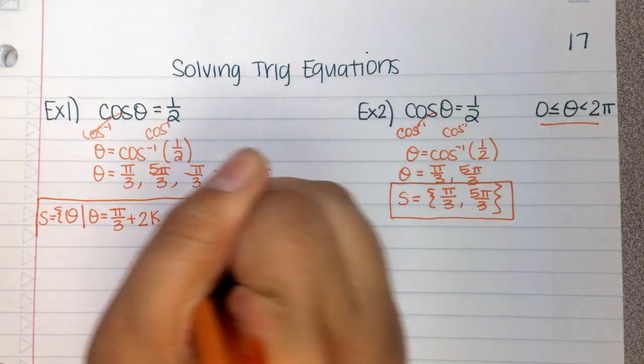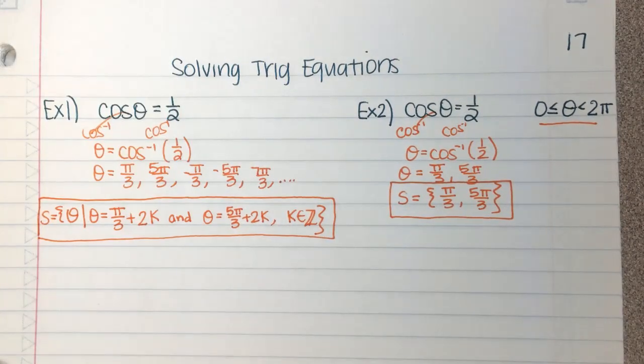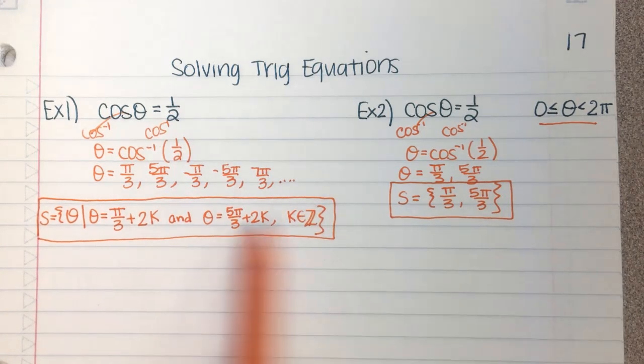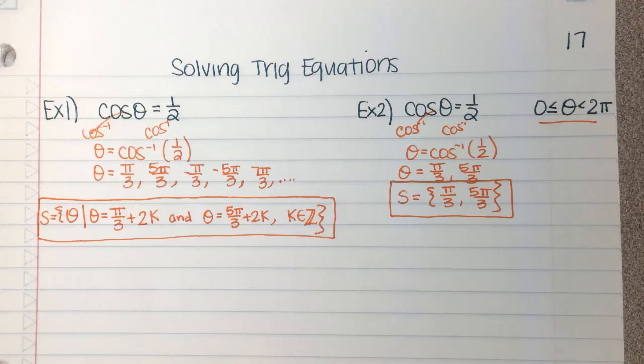Let me say this again. You don't have to memorize this. You're not going to be expected to write it like this. I just need you to see the difference in answers without intervals.